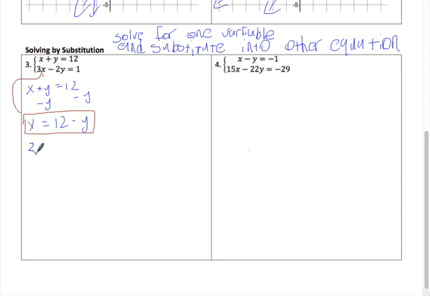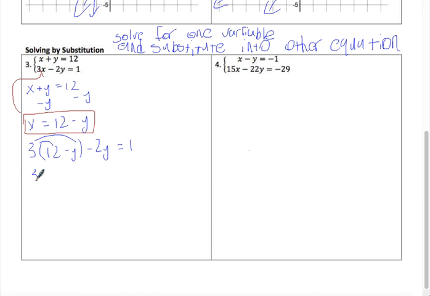So now I have 3 times 12 minus y, minus 2y equals 1, which is now an equation with one variable that's easy to solve.